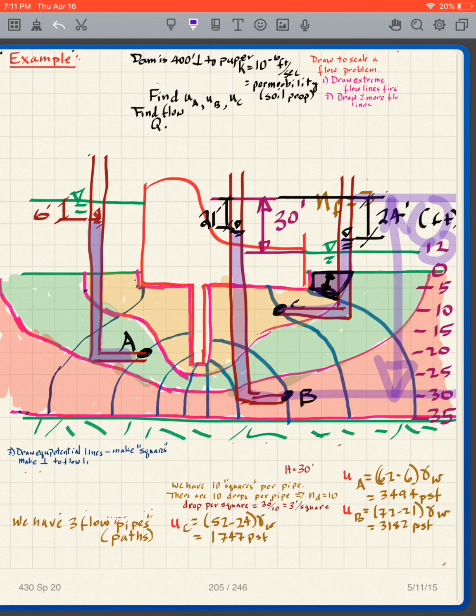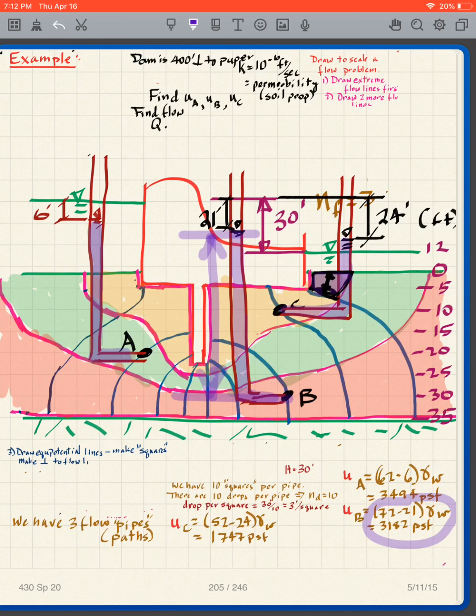So 30 plus 30 plus 12 is 72. And the drop is 21. So the distance from B to the water level is 72 minus 21. That means my pore pressure is 72 minus 21 times gamma W. That gives me the pore pressure at B.